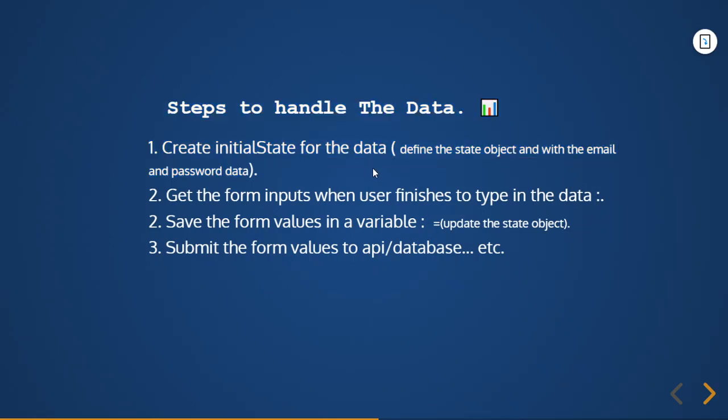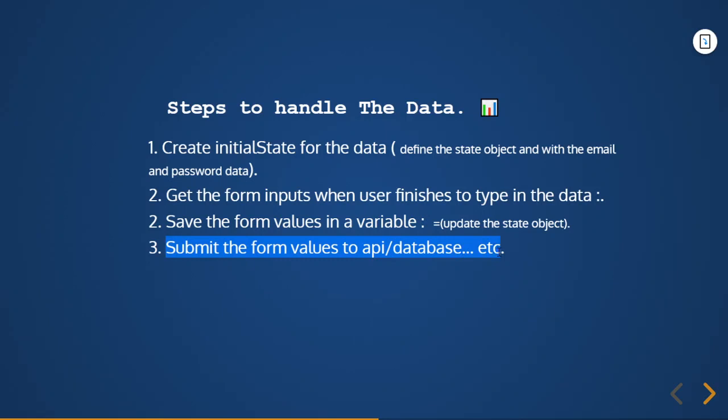The second step is to get the form inputs when the user finishes typing. So the onChange event, where someone has finished changing something, that's when you grab the inputs. Then you save the values in a variable, in our case in some kind of array, or maybe save it somewhere. Then you can compare it maybe to other values which are only available in the database.